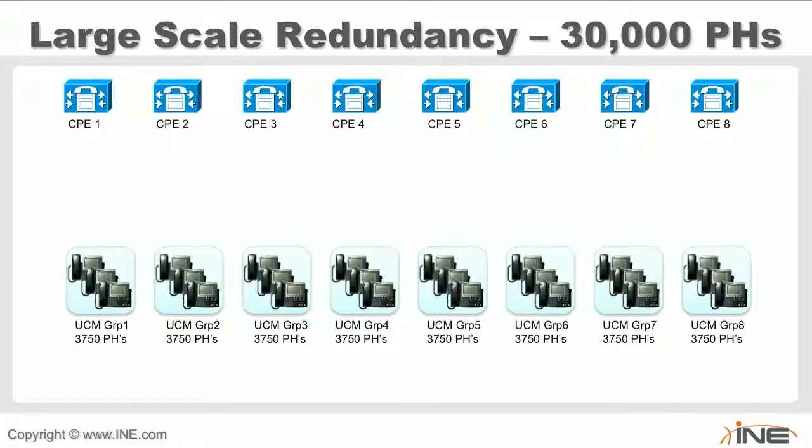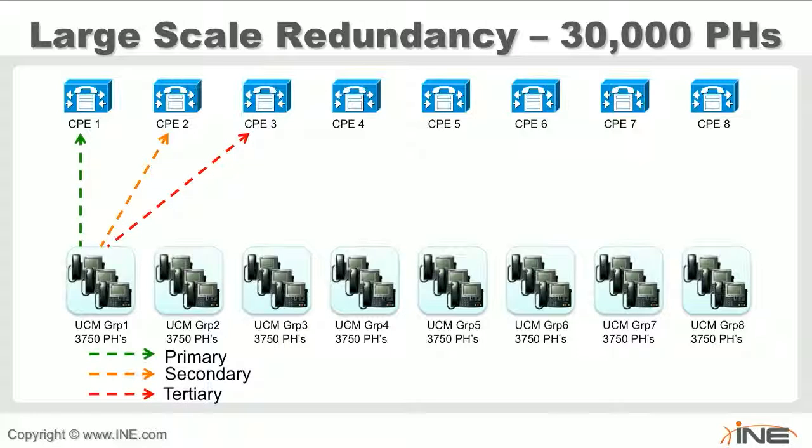Okay, and so my primary group points to CPE1 as its primary, CPE2 as its secondary, CPE3 as its tertiary. Group 2 points to CPE2 as its primary, CPE3 as its secondary, and CPE4 as its tertiary.